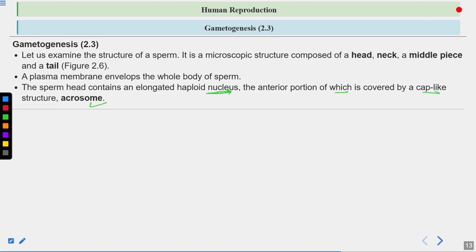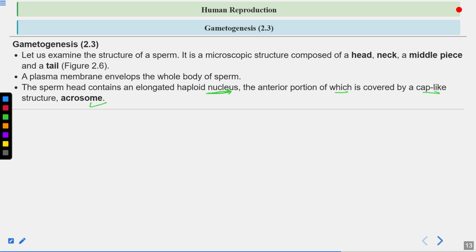This acrosome consists of enzymes, acrosome enzymes, and these enzymes help in the breakdown of the egg cell membrane. It digests the membrane of the egg and helps in fertilization. This is known as the acrosome reaction.